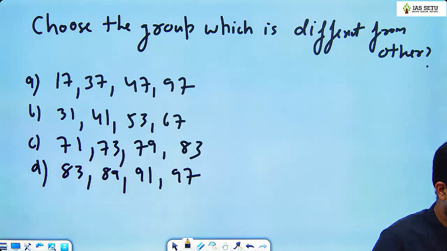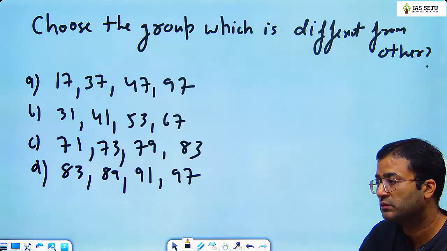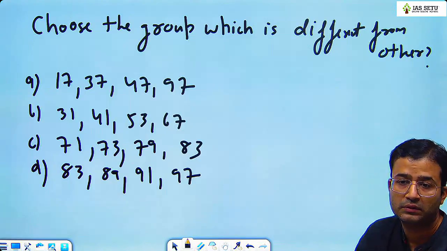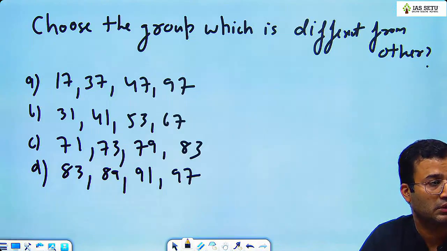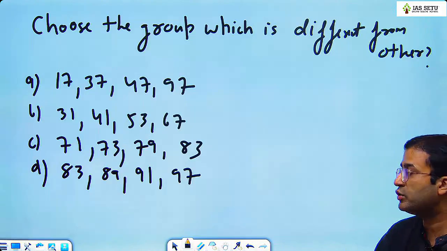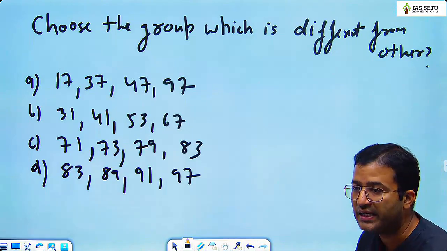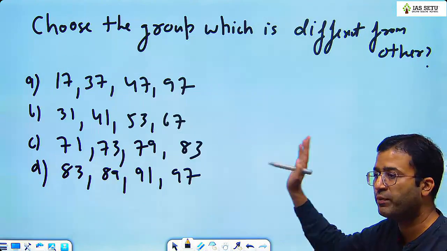Choose the group which is different from other. D. Why? Because in D they use one number 91 which is a composite, otherwise all have prime number.